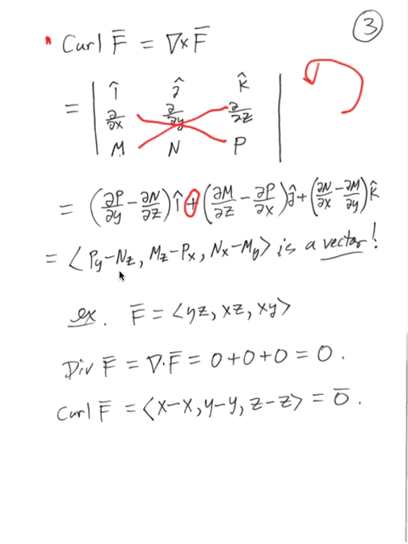Remember, a lot of people were having difficulty finding a cross product, getting the wrong sign in the middle on the j component. Make sure you get that right there. And the k components, you do likewise there.